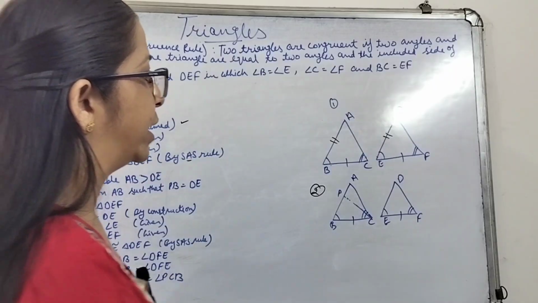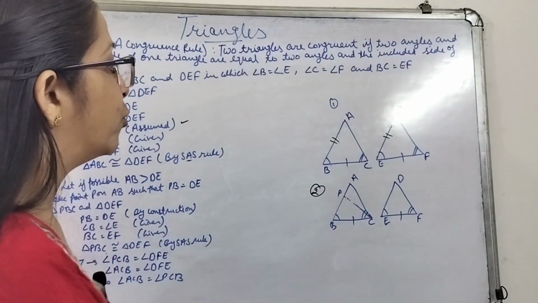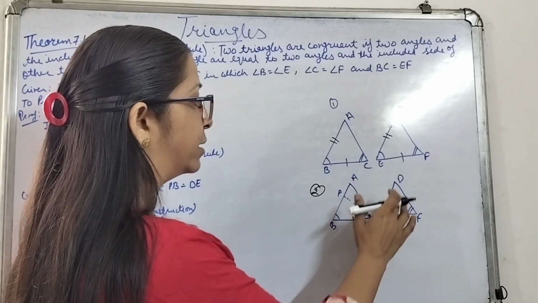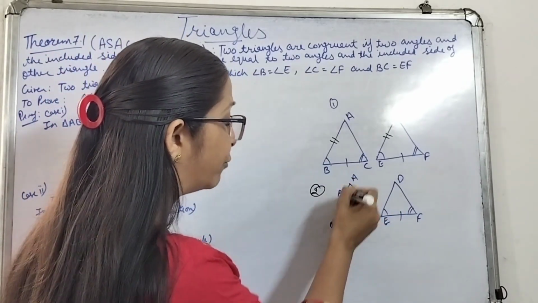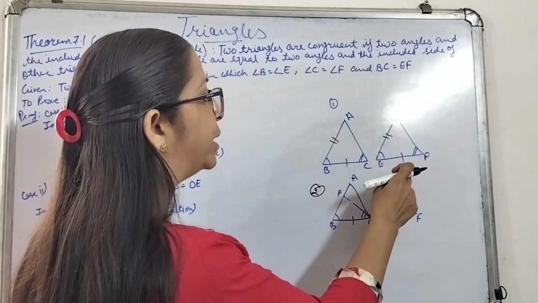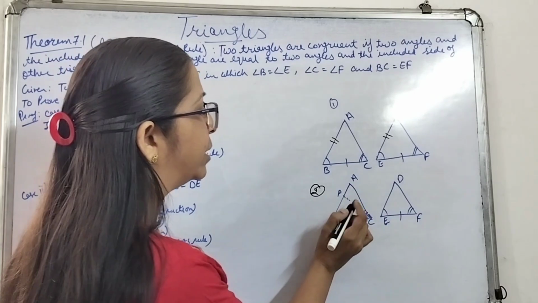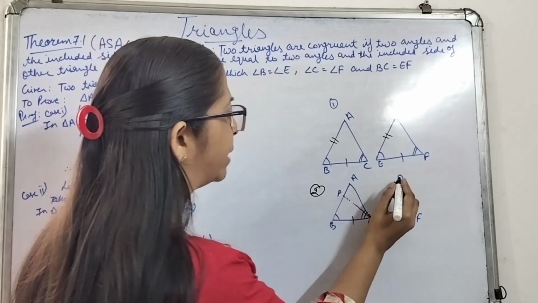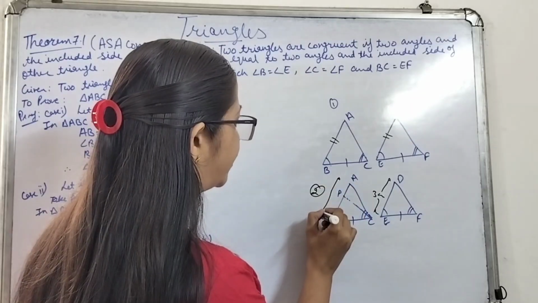Now the second condition we are taking is when the side AB is greater than side DE. When we are assuming that AB is greater than DE, in that case there will be some point P somewhere on the side AB which will be equivalent to DE, because AB is greater than DE. Suppose this is 3 centimeter and this is 5 centimeter.